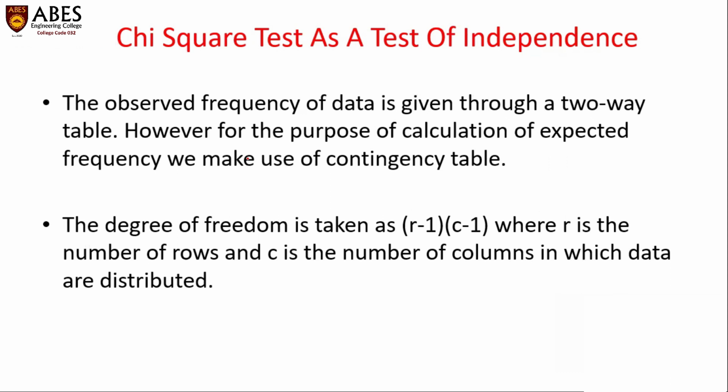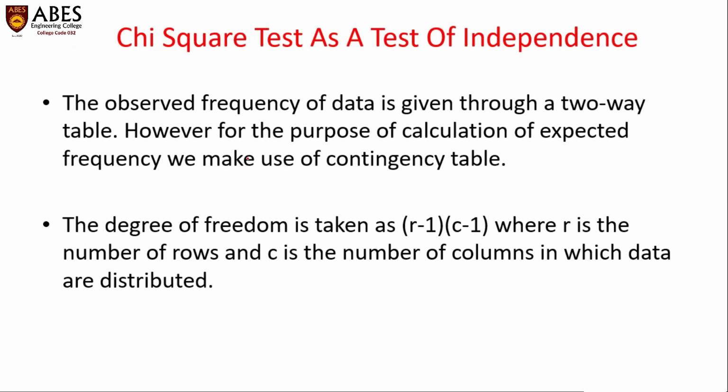So the observed frequency of the data is given to us in the form of a two-way table, and for the purpose of calculation of expected frequency, we make use of contingency table. The degree of freedom in this case is calculated as R minus 1 into C minus 1.